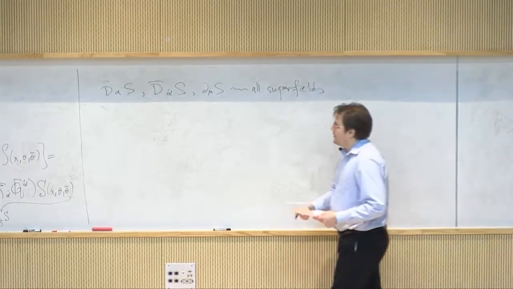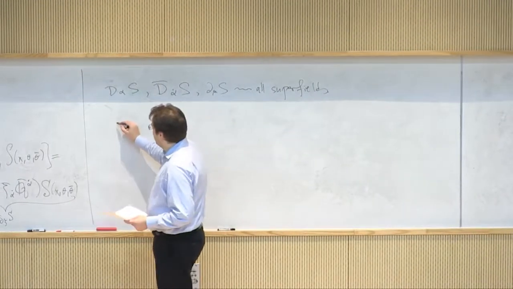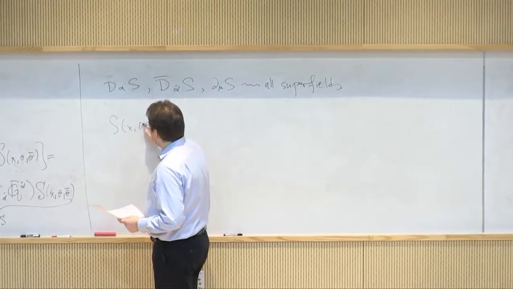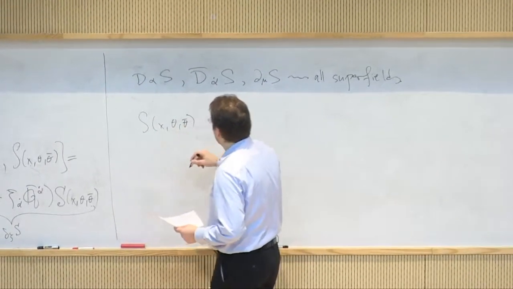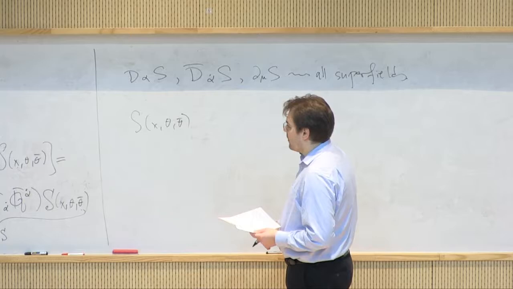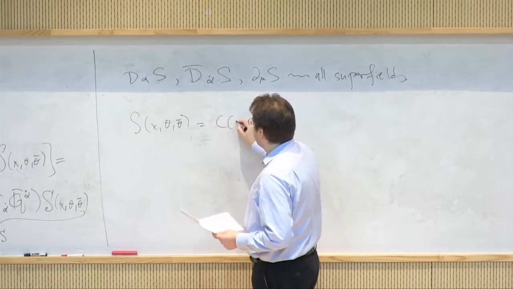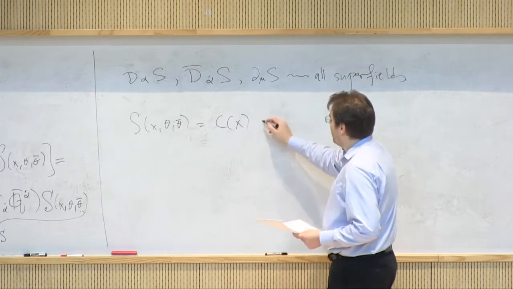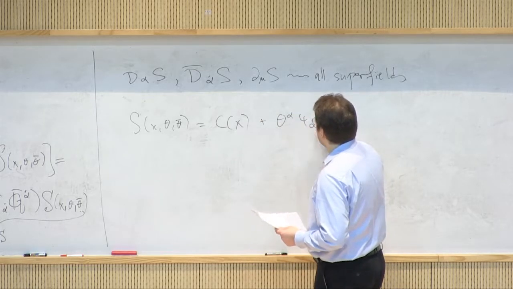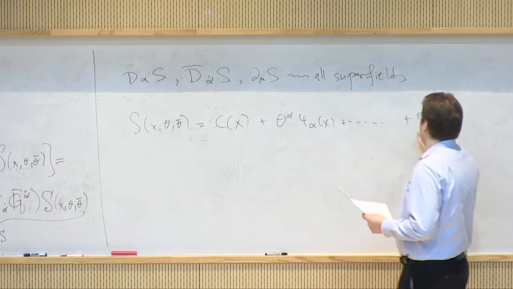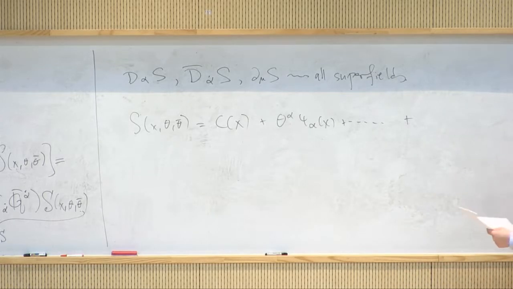So the last thing we discussed was that expanding in theta and theta bar gives you the ordinary component fields that are part of the superfield. So for example, you can start with some bottom component C of x and then some spinors and so forth until you get to the very top.